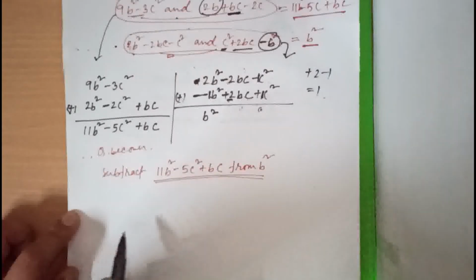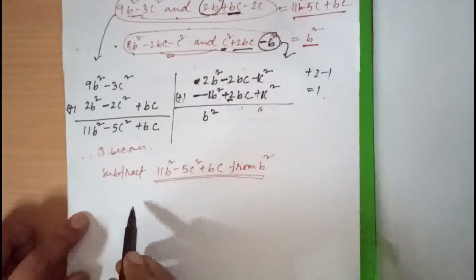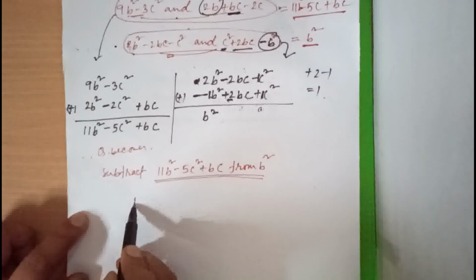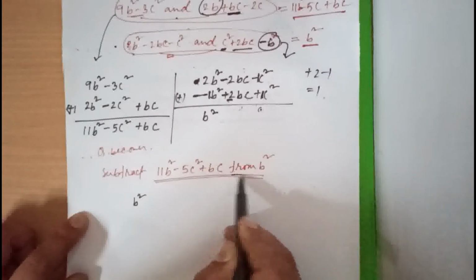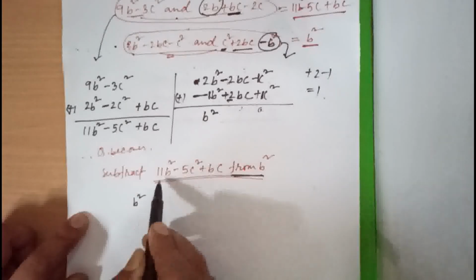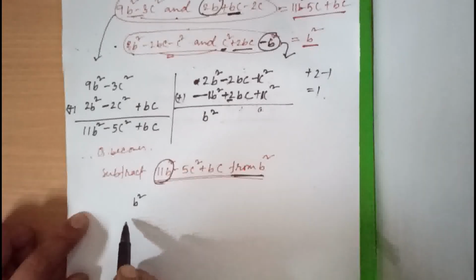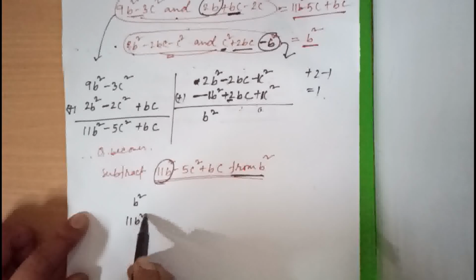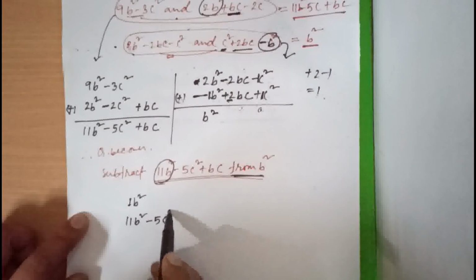Now it is very simple to do. Just write first the b square, as we have to subtract from this, and then the like term is this one, so you write 11b square, and ultimately this is 1b square, everyone you know. After that minus 5c square plus bc.